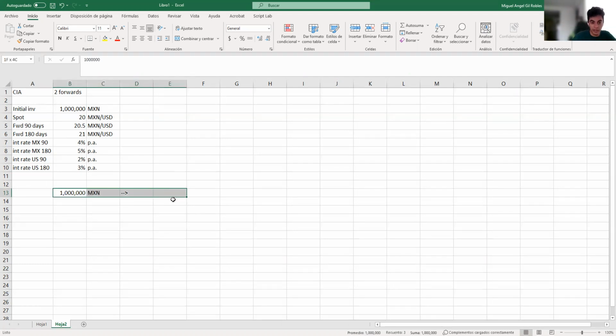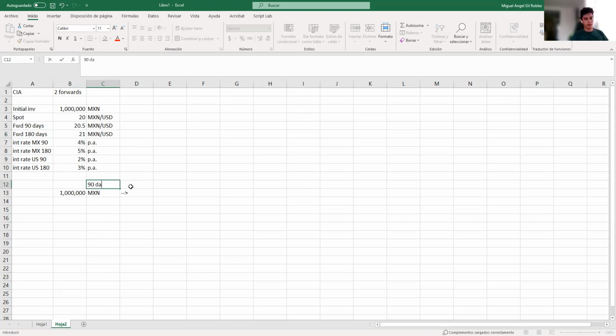One rectangle for 90 days, which is this one, and the other rectangle for 180. So I will start with the 90-day rectangle, and I will do next, right here, the 180 days rectangle.